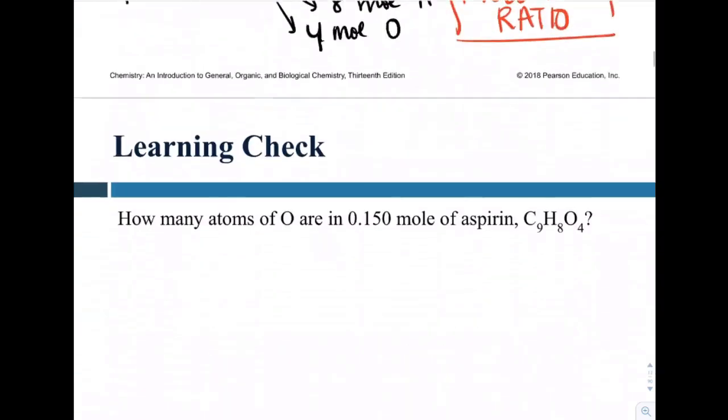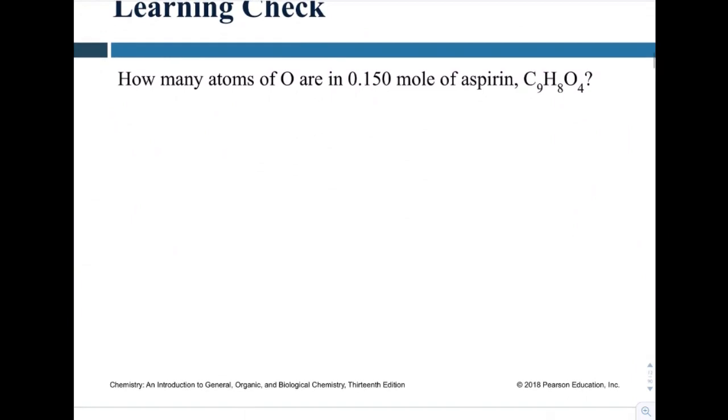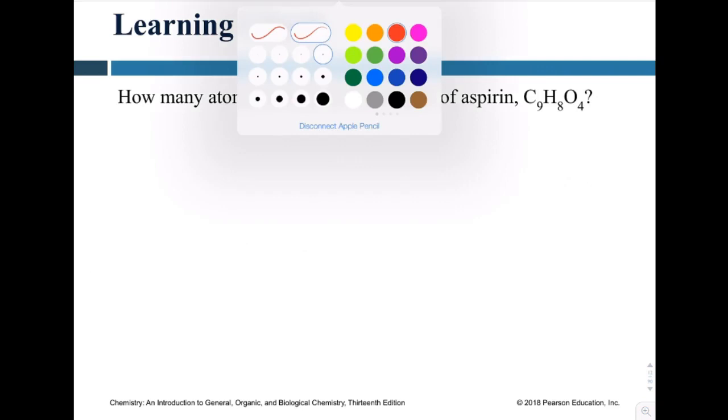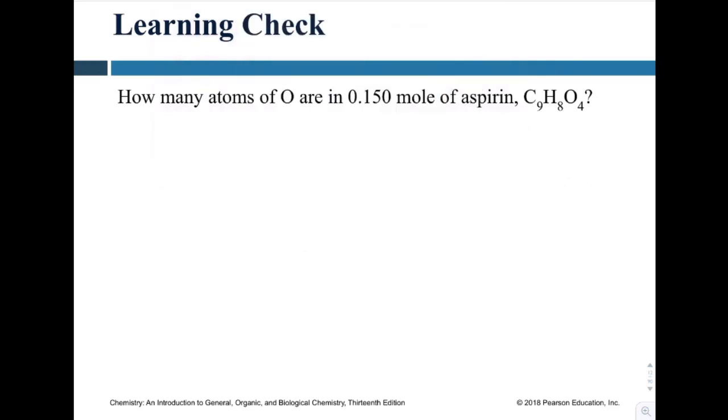And so for an example, if I have this aspirin, I want to know how many atoms of oxygen are in 0.150 mole of aspirin. Let's look at some conversion factors. So I know that in 1 mole of aspirin, how many oxygens are there?